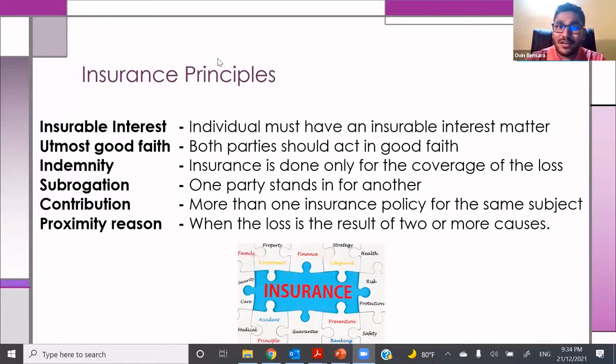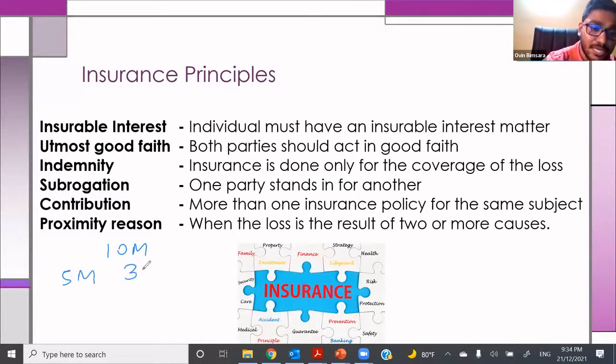Let's say when it comes to the insurance of a ship, let's assume that you are bringing 10 million worth of containers from 3 exporters, and one exporter has put 5 million worth of containers, another exporter has put 3 million worth of containers, and the other one has put 2 million worth of containers.